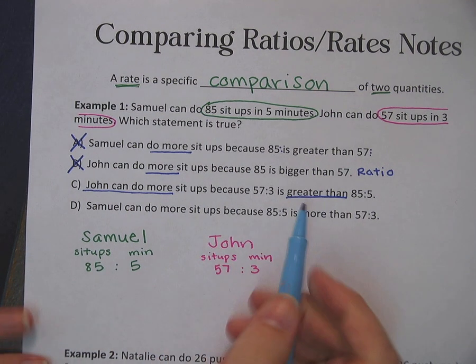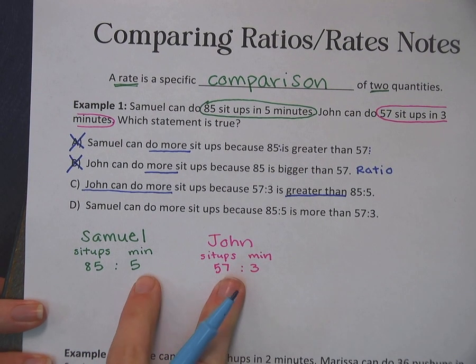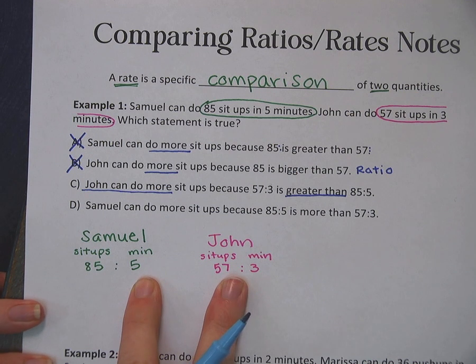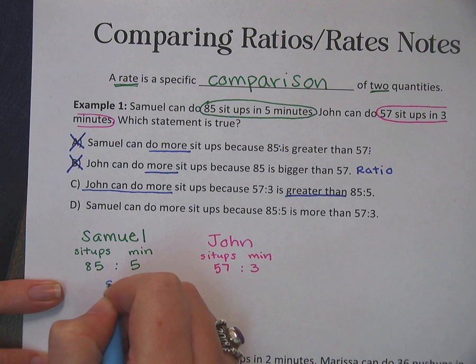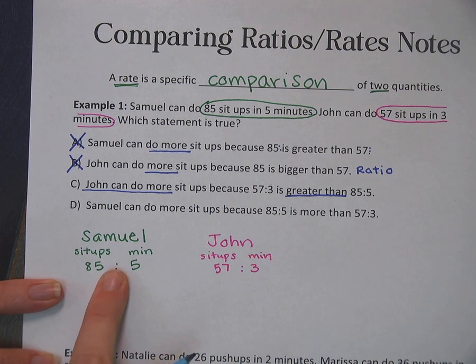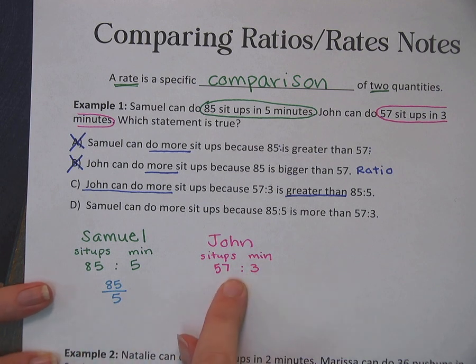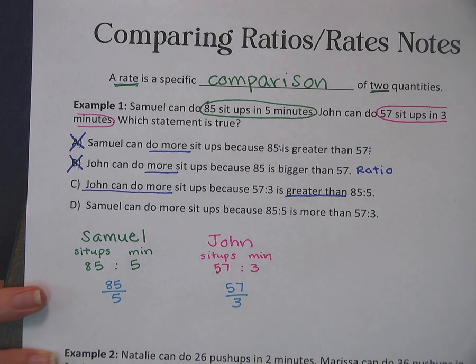So what I need to do is butterfly these two ratios. Now to see which one is bigger, I cannot leave them written like this. I need to write them like fractions. So my fraction for Samuel would be 85 over 5. So my ratio turns into this fraction. I'm going to write it like a fraction. And my fraction for John would be 57 over 3.